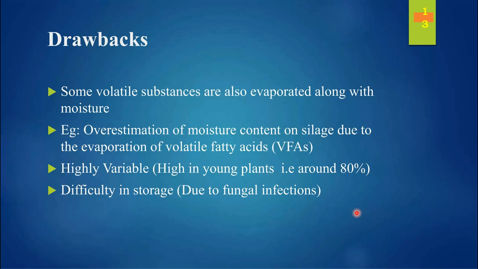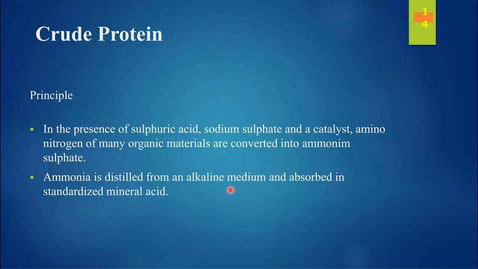The moisture content is highly variable; in young plants it is about 80% and only 20% is dry matter, but in old plants it is less. If more water is present, it is very difficult to store that feed for a longer time as it is easily affected by fungal growth.